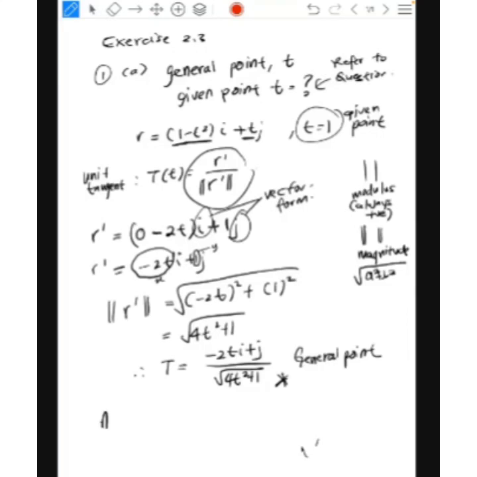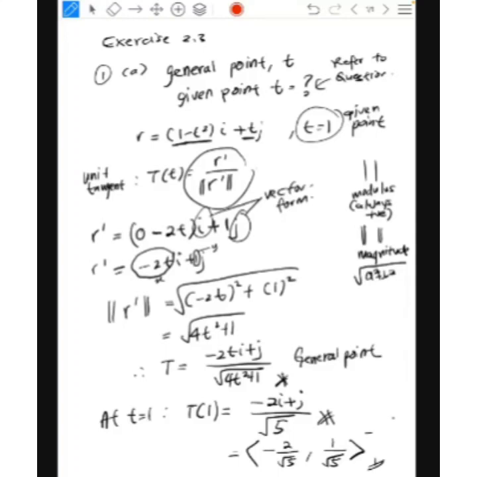But at t equals 1, the unit tangent of 1 will be, just substitute the value 1, negative 2i plus j over the square root of 4 times 1 squared plus 1, which is 4 plus 1, 5. Or we can write it in bracket form, which is negative 2 over square root 5 for i and 1 over square root 5 for j.